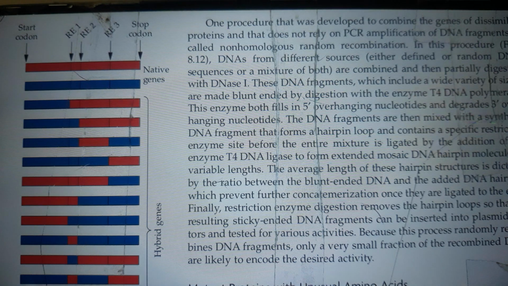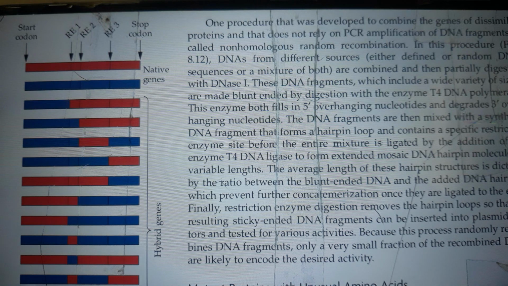In this procedure, figure 8.12, DNAs from different sources, either defined or random DNA sequences or a mixture of both, are combined and partially digested with DNase I. These DNA fragments, which include a wide variety of sizes, are made blunt-ended by a digestion with the enzyme T4 DNA polymerase. This enzyme both fills in 5' overhanging nucleotides and degrades 3' overhanging nucleotides.